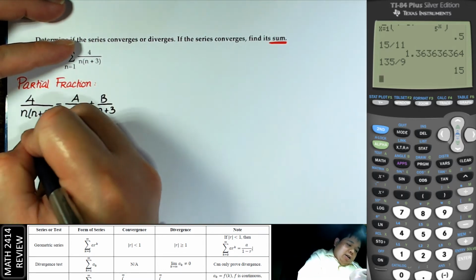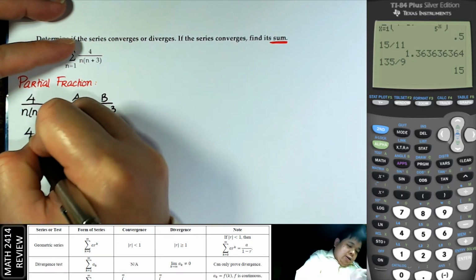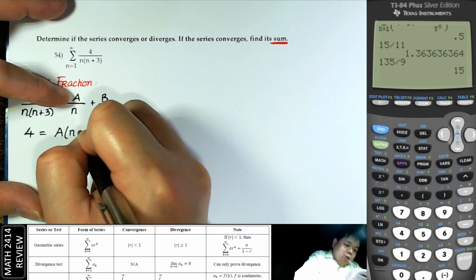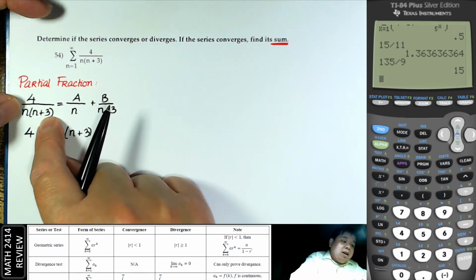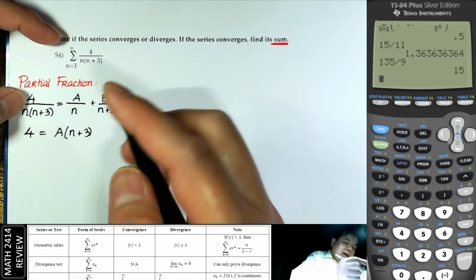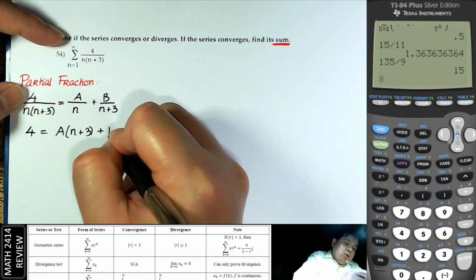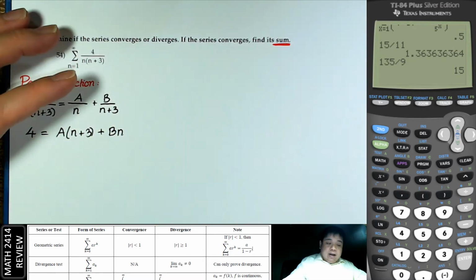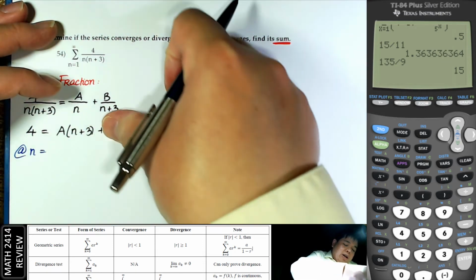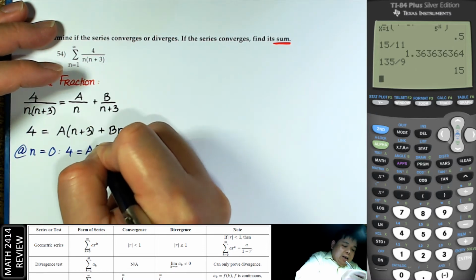So that gives us 4 equal to a times n plus 3. Because if we multiply by n times n plus 3, the n and n cancel out. And that gives us n plus 3. And now multiply by n plus 3, the n plus 3 cancels out. That gives us b times n. Now this is easy. We just need to say when n equals 0, that one cancels. We have 4 equal to 3a, n equal to 0.